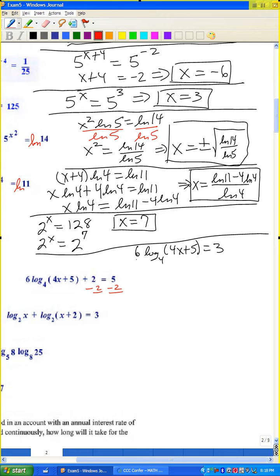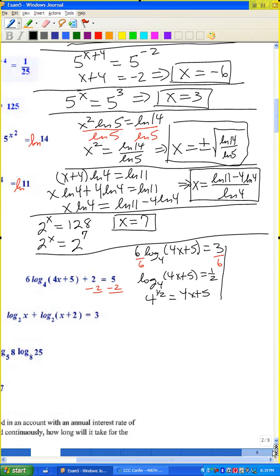Divide both sides of my equation by 6. So I have that log base 4 of (4x plus 5) is 1/2. And so the base is 4, the exponent is 1/2, and the result is 4x plus 5.